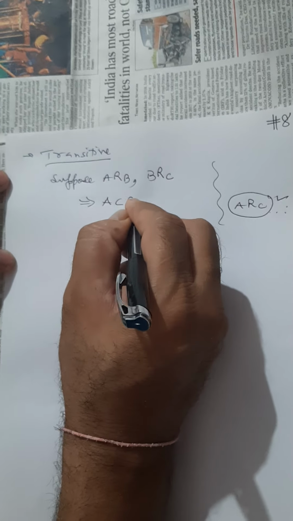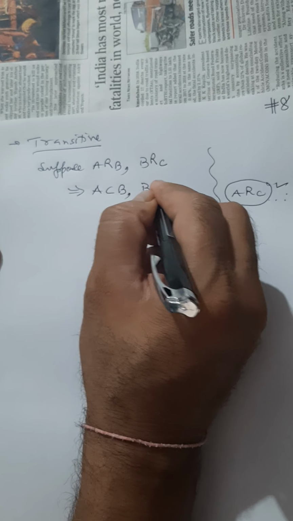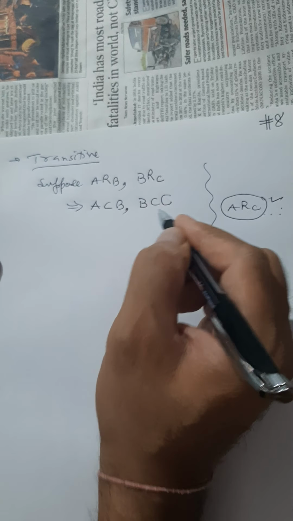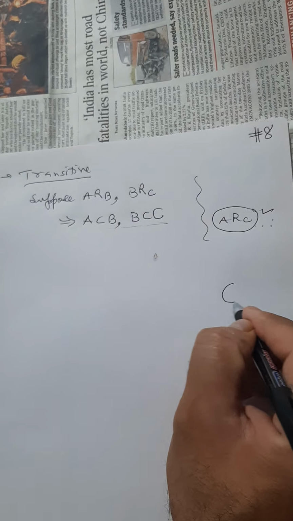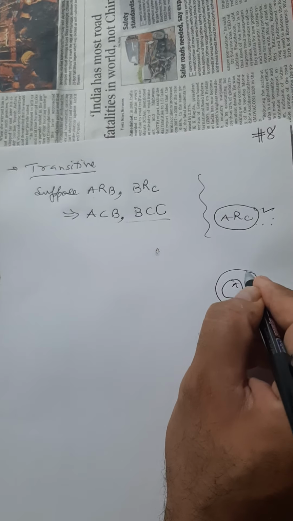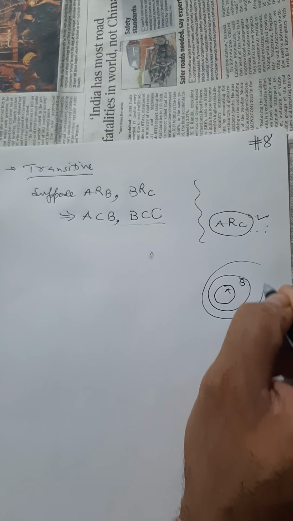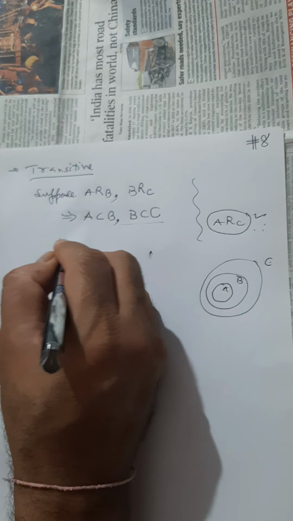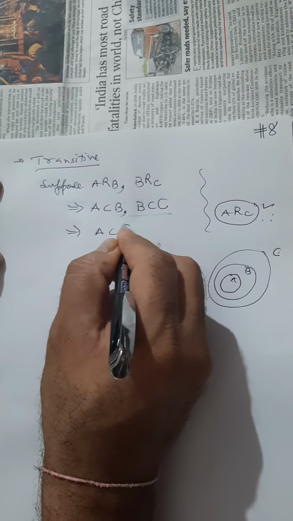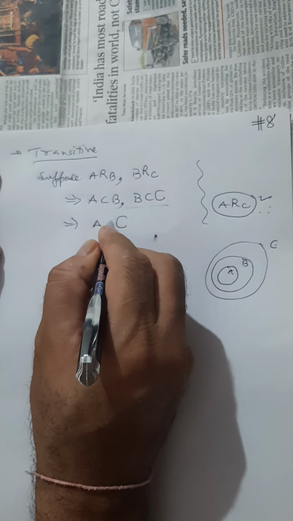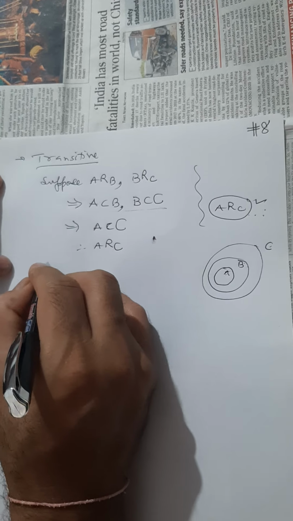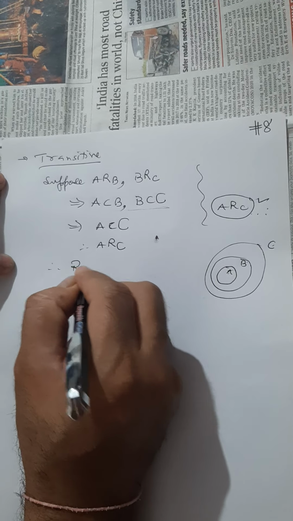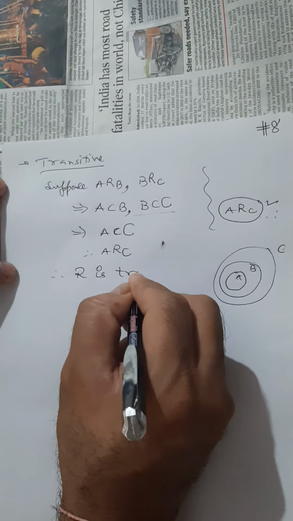A is a subset of B. What is the meaning of B related to C? B is a subset of C. This is a very standard property of sets: if A is a subset of B and B is a subset of C, then A is a subset of C. Therefore A is related to C, and this relation R is transitive.